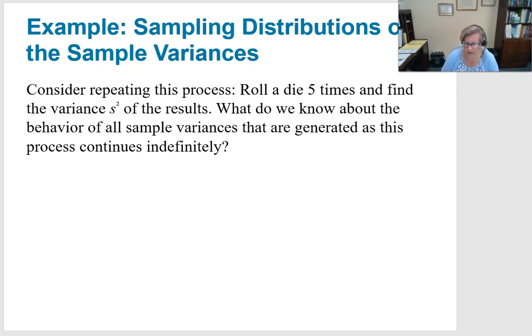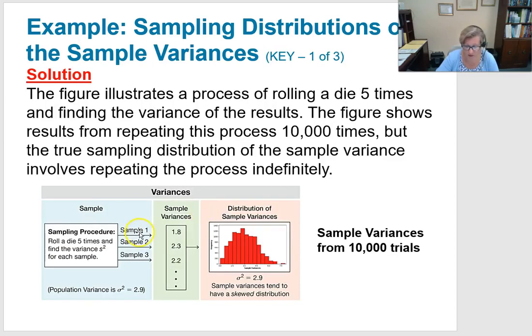Okay, so this example we're going to actually walk our way through. We're back to rolling our die 5 times and finding the variance of the results. So you're going to roll the die 5 times, and for each of those samples, you're going to find the variance. So do sample 1, say you got a variance of 1.8. Sample 2, say you had a variance of 2.3, right? You just keep doing this over and over, say doing it 10,000 times. When you do that, notice it's a little skewed, which makes sense because a variance is squared, so it should be a little skewed.